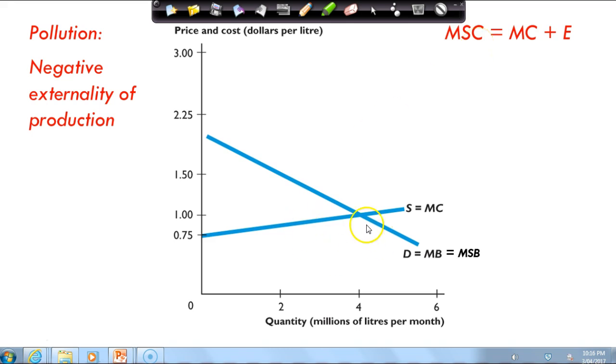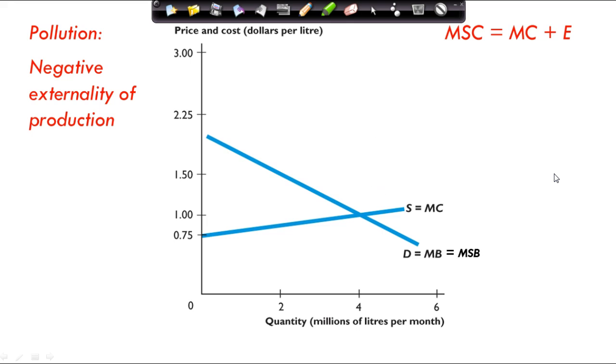Now here we have our market, our unregulated market. We can see that in this case, the optimal output for the market, the free market, it's not really the optimal output. The free market outcome is $1 and the quantity is 4, same as before. But now we're going to say there's externalities, negative externalities of production, such as pollution from the factories.